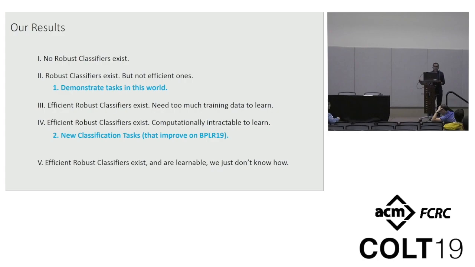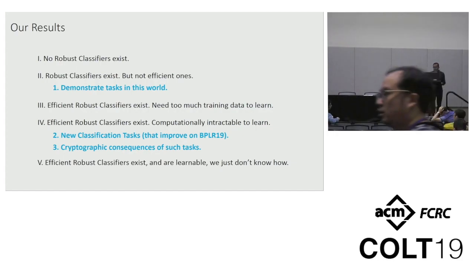We also show new classification tasks where efficient robust classifiers exist, but they are unlearnable. I'll compare this later. Finally, we show cryptographic consequences of such results. We want to understand for which tasks such classifiers are a reality, and we show that the existence of such tasks implies crypto. I'll discuss what that is later.